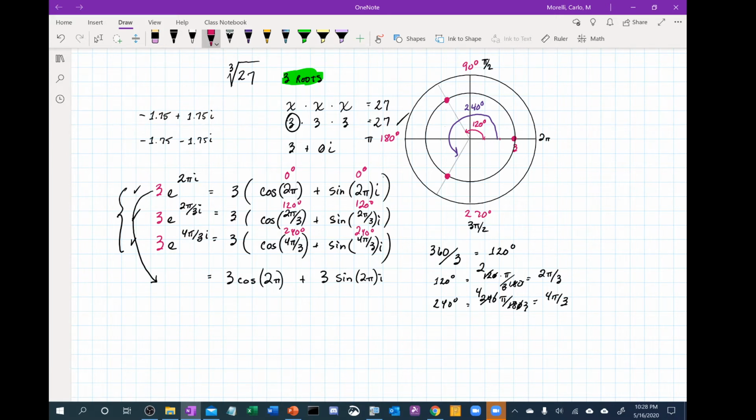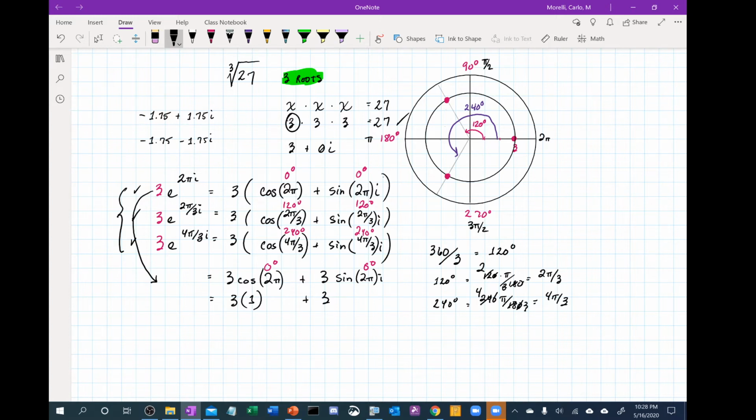Again, it's 0 degrees. The cosine of 0 degrees, or the cosine of 2 pi, is 1. So this is equal to 3 times 1, plus 3 times the sine of 2 pi, or 0 degrees, i.